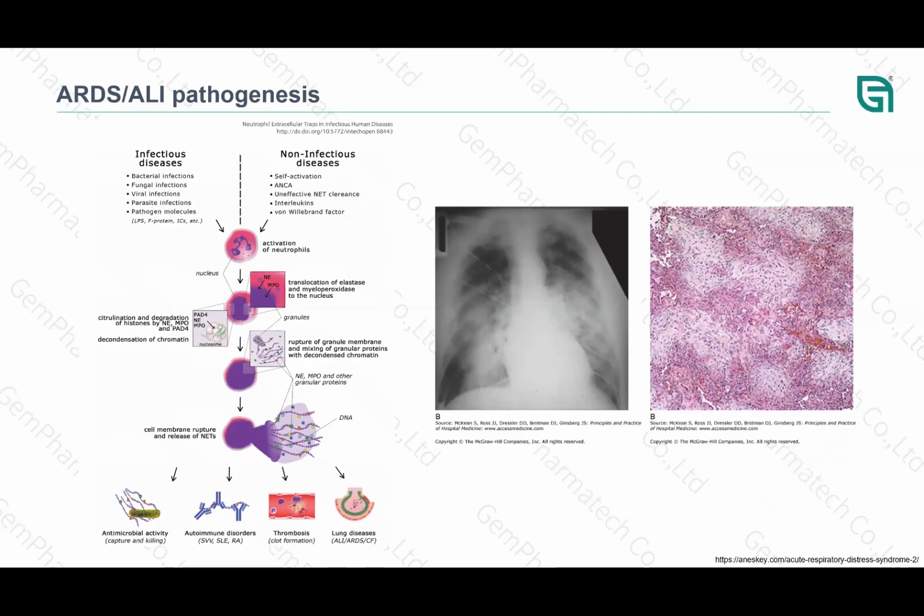The activated neutrophils release damaging enzymes, for example, neutrophil elastase and cathepsin G, that degrade the alveolar capillary barrier structures. And excessive NETosis further induces cytotoxicity and tissue destruction, causing hypoxemia and respiratory failure.